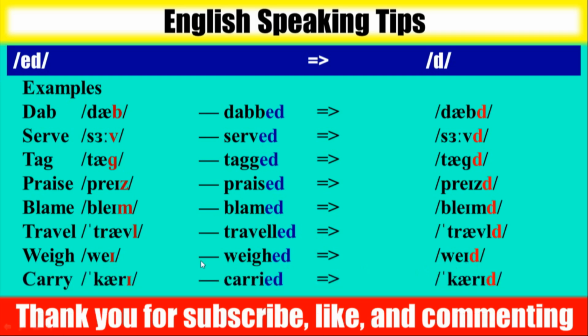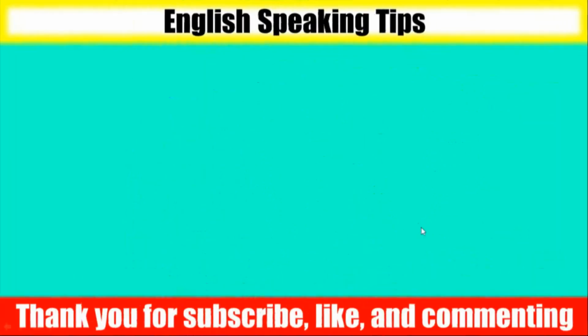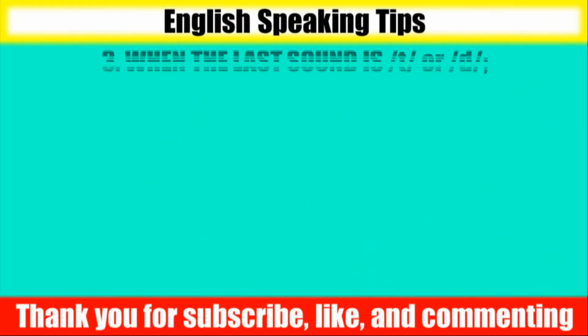And this is the last example. Carry. The last sound is a vowel. Then the past form, or when it is with -ed, it becomes carried. Okay, and this is the last rule, rule number three.